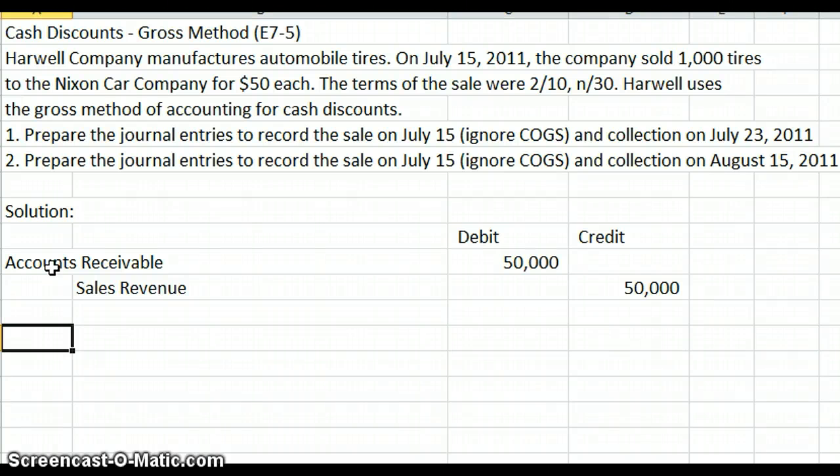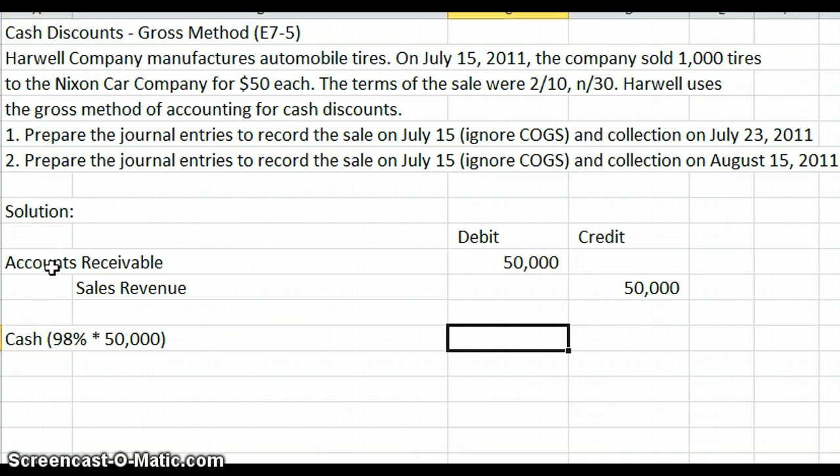Okay, when they actually pay, they paid prior to the 10-day expiration of the 2% discount, so we're going to debit cash for 98% of the value. So it's 98% times 50,000, or $49,000.